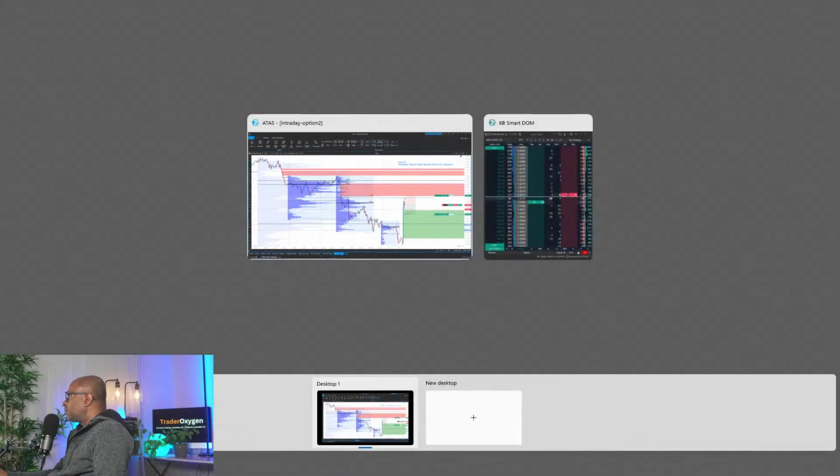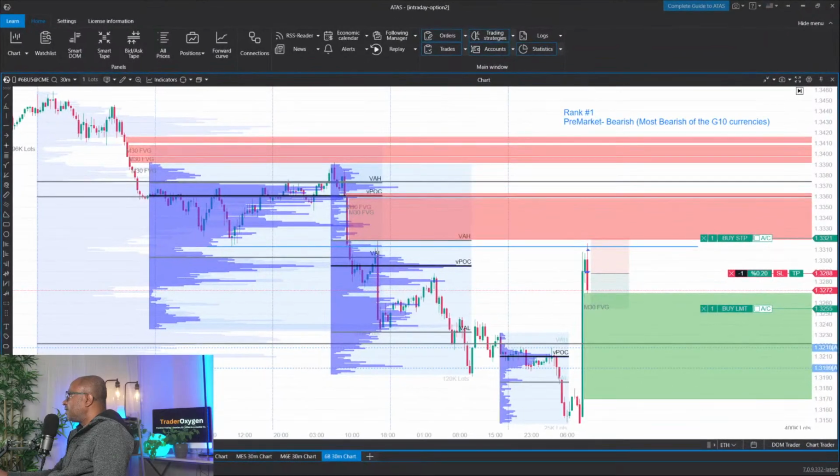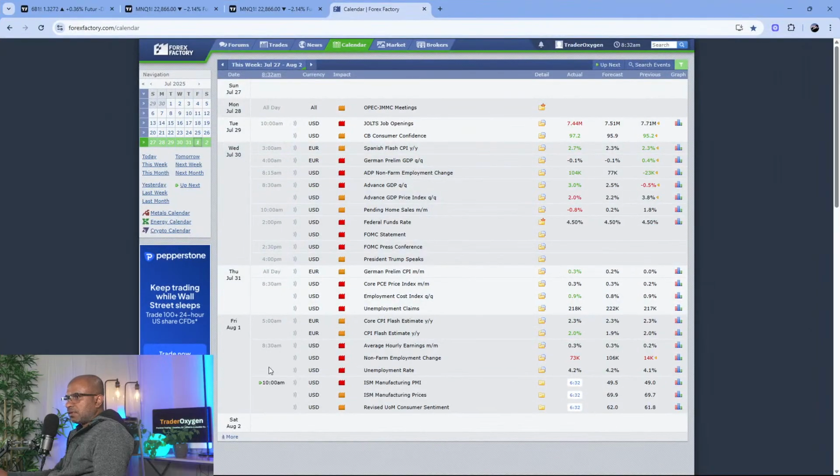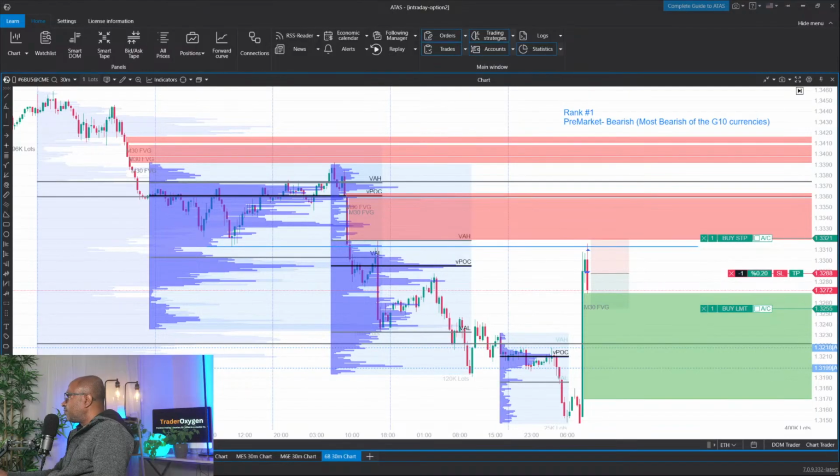If you look at the news release over here, we got non-farm employment change and unemployment rate happening at 8:30. That's why this big push up happened, this green candle.